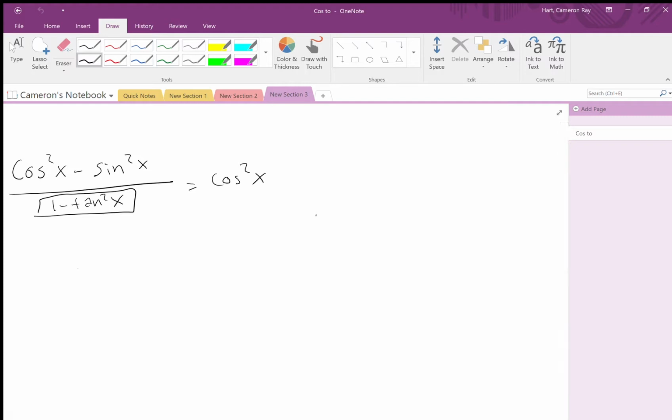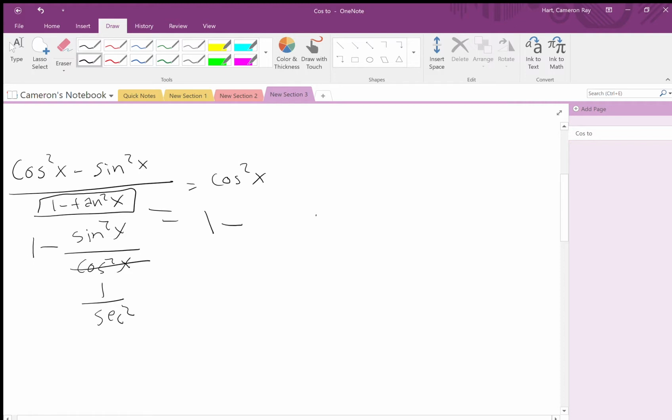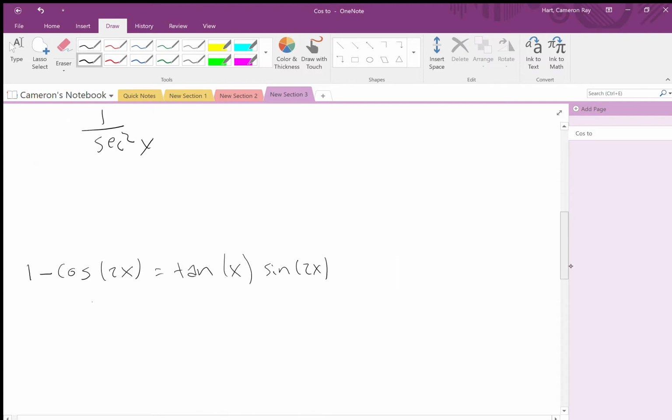Alright, so first off, using the tangent identity, this would change it to 1 minus sine squared x over cosine squared x, and then using the reciprocal identity, which would change this to 1 over secant squared x, which would change this bottom to 1 minus sine squared x times secant squared x. Okay, and so that would be the next step I would do, or a different way I'd go about solving this problem, but that would be the first step.